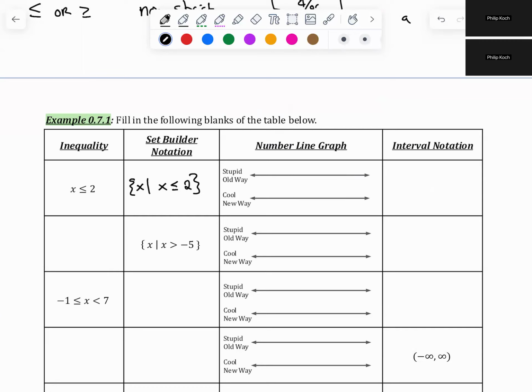It's all the numbers that are less than or equal to 2. So is the arrow going to go to the left or to the right? To the left. So we'll plot 2 right here. If you're doing the old way, it'll be a solid dot and then an arrow like that. Whereas if you're doing the new way, it'll be a bracket like that.